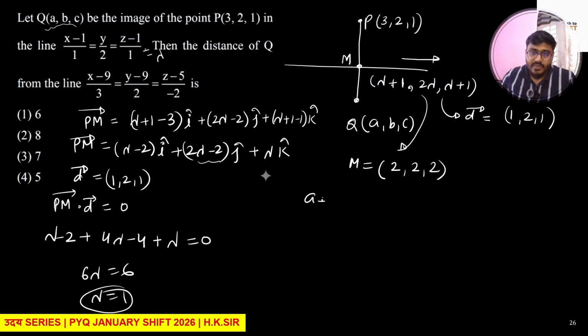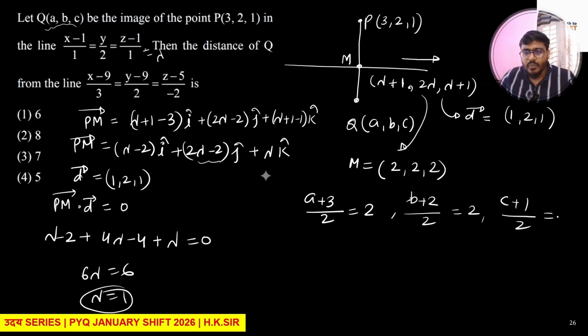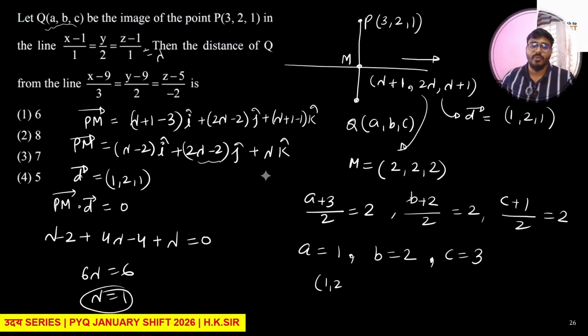So A plus 3 divided by 2 equal to 2, B plus 2 divided by 2 equal to 2, and C plus 1 divided by 2 equal to 2. So from here A equal to 4 minus 3 is 1, B equal to 4 minus 2 is 2, C equal to 4 minus 1 is 3. So ABC is 1 comma 2 comma 3. These are the coordinates of point Q.